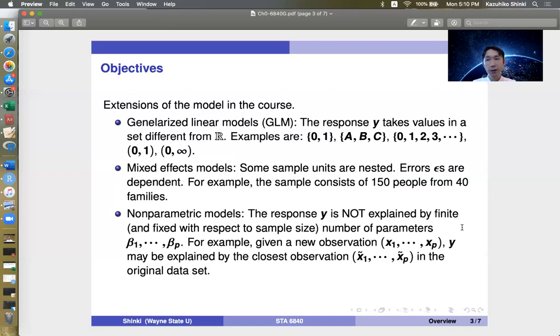If we have 150 observations and 150 parameters, usually you can explain everything, right? So what's the meaning of a finite number of parameters? It means the number is finite and fixed with respect to sample size. If we increase the sample size and have to increase the parameter size, then that is not a parametric model, but what we call a non-parametric model.